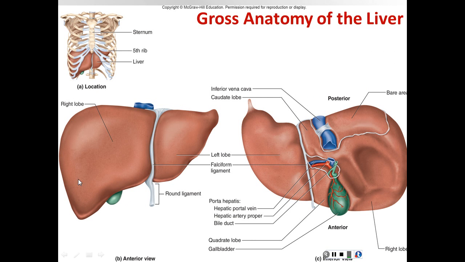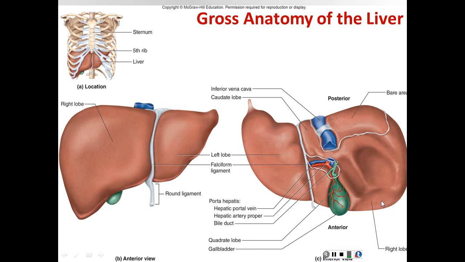So here is our right lobe, here is our left lobe, and what separates the two is our falciform ligament, and at the tail end of it is our round ligament. Looks like an umbilical cord. And you see a little tip, this green area right here, this will be our gallbladder. This is our anterior view, and at the top you see this inferior vena cava.